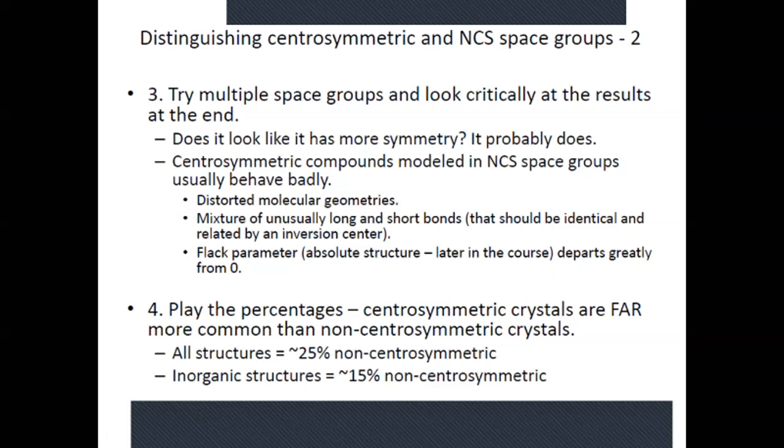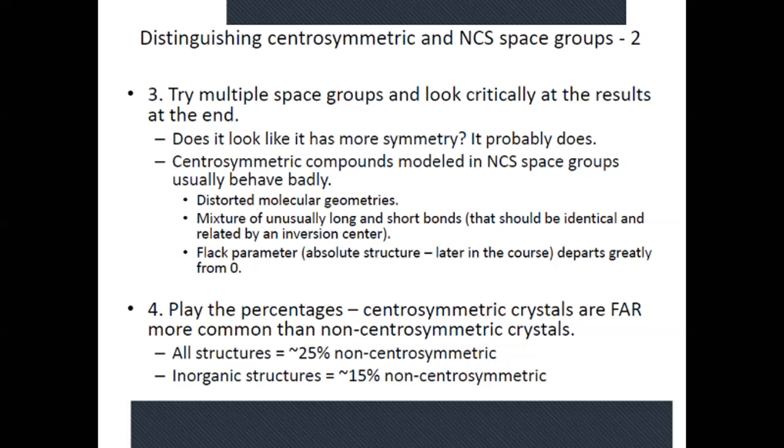So that's why you have PLATON. PLATON will convert non-centrosymmetric space groups into centrosymmetric, because you can go up to higher space groups. You can't go back down to lower space groups. So that's one thing you can do, is solve it in non-centrosymmetric and then use something like PLATON to convert it back to centrosymmetric. If you see a center of inversion, then you can always do that.